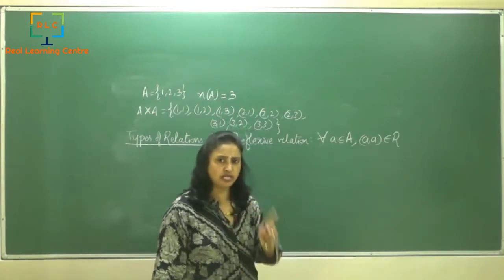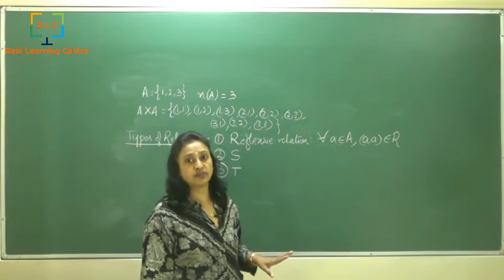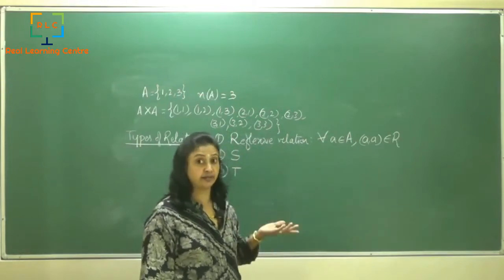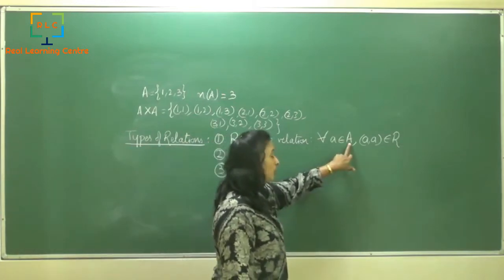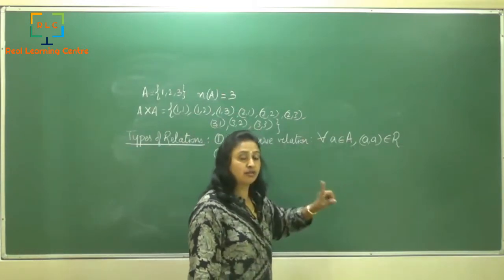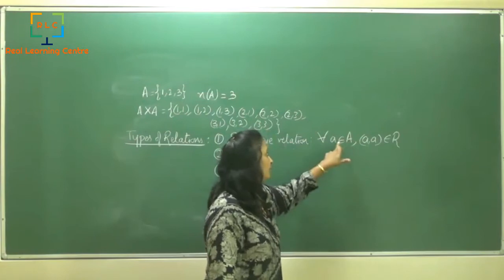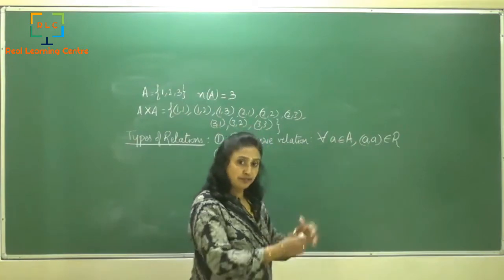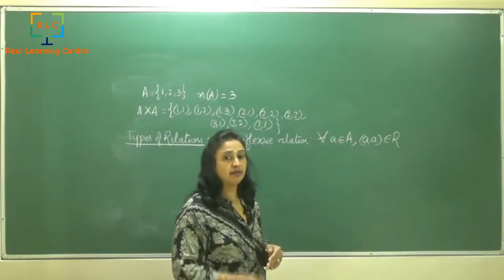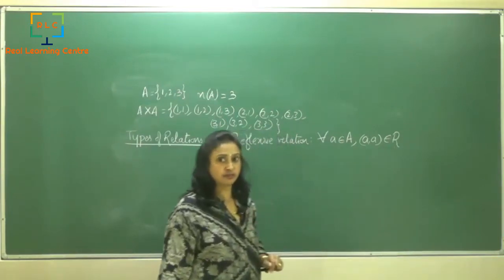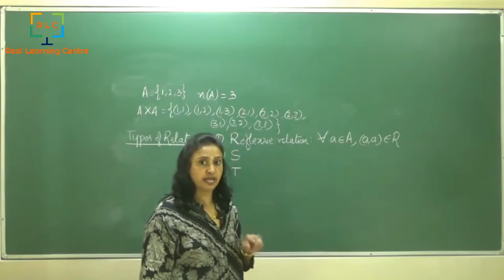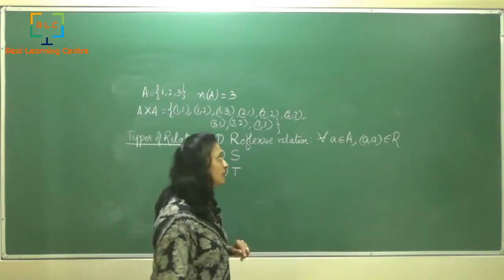It is only for reflexive relation that we need the set on which the relation is defined. So on the set A, for every element a in the set A, you should have (a, a) inside the relation. That is the reflection. Reflections should be present. a is the reflection of a. So now what do you mean by that?